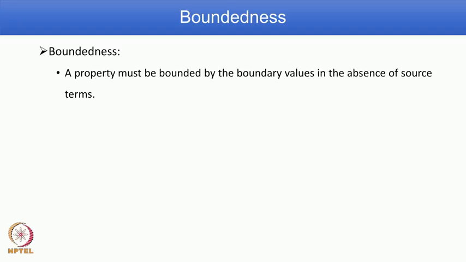When you have a source term or source generation, for example momentum injection, then you can have values beyond what is specified at the boundary locations. So, we define boundedness as: a property must be bounded by the boundary values in the absence of a source term.